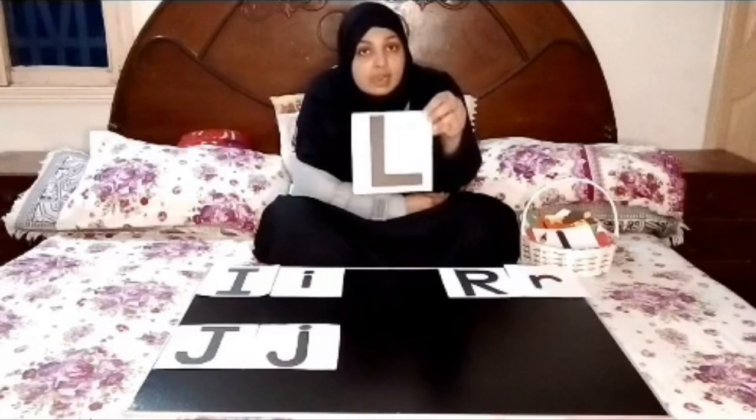Okay, here you go. Letter L. Which letter is this? Letter L. And what is the sound of letter L? L. Okay, letter L sounds L. And what will I do?